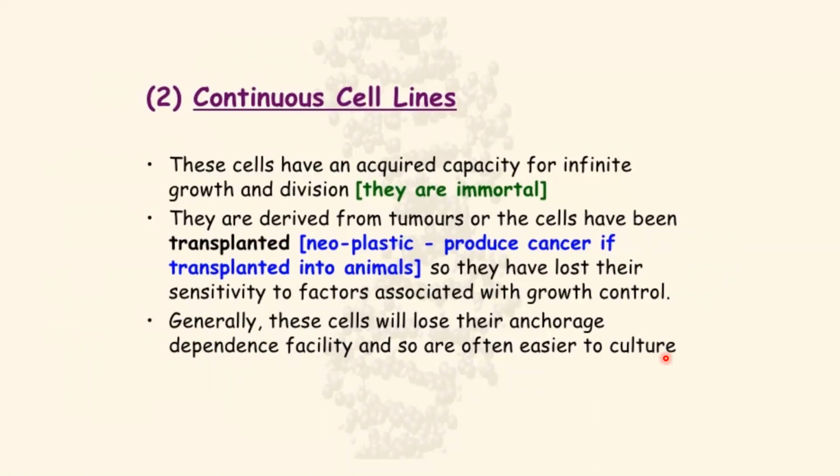Tumor cells means they are cancer cells, and they do not stop dividing. So by nature, mammalian cells should be primary cell lines if they are normal, and they will be continuous or immortalized cell lines only if they are cancerous. Or these continuous cell lines have been artificially manipulated to proliferate indefinitely, and they can be cultured over several generations.